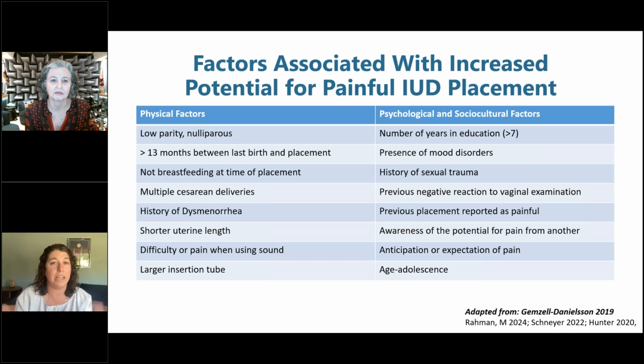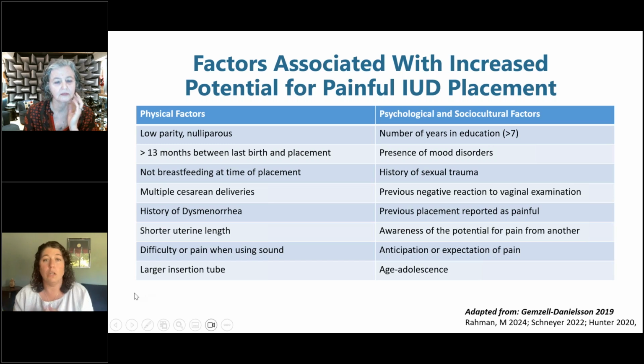If their periods are already heavy, crampy, uncomfortable. If when we're sounding, and I would even say placing the tenaculum too, if we notice that there's a lot of pain there, then the likelihood is that the rest of the procedure will probably continue to be quite painful. And some of the IUDs have slightly larger insertion tubes.